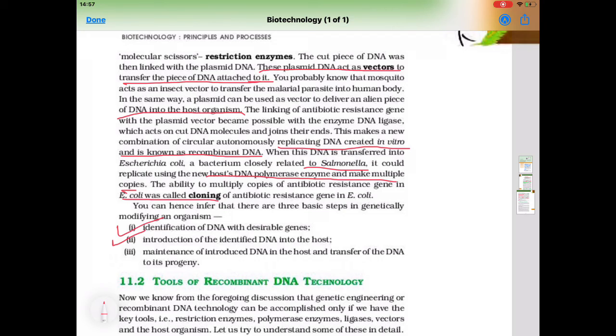Third is maintenance of the introduced DNA in the host and transfer of the DNA to its progeny. After that we will see that the recombinant DNA which enters the host cell grows properly under proper conditions and gives the result in the next progeny.